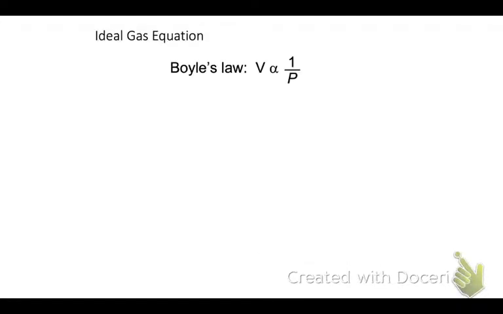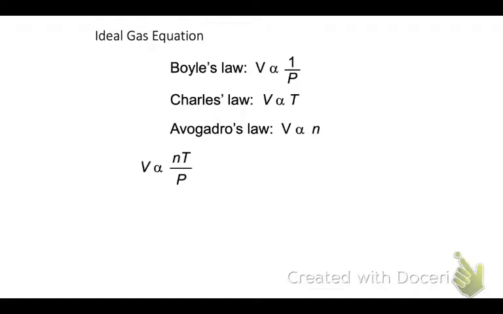Now, the ideal gas equation is really looking at all these laws that we talked about together and putting them together: volume is directly related to number of moles, that's Avogadro's, directly related to temperature, that is Charles', and inversely related to pressure, that is Boyle's.